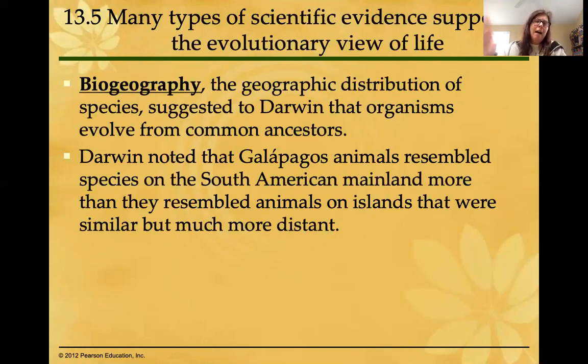So somehow their ancestors migrated, got to those islands and got stuck there. Then they evolved differently because the populations were separated. They have a different set of skills that they may need in that different environment. And as the years progressed, they became more and more different from the mainland animals.